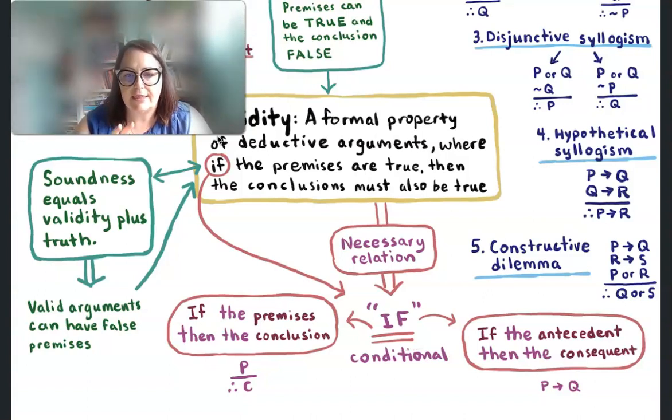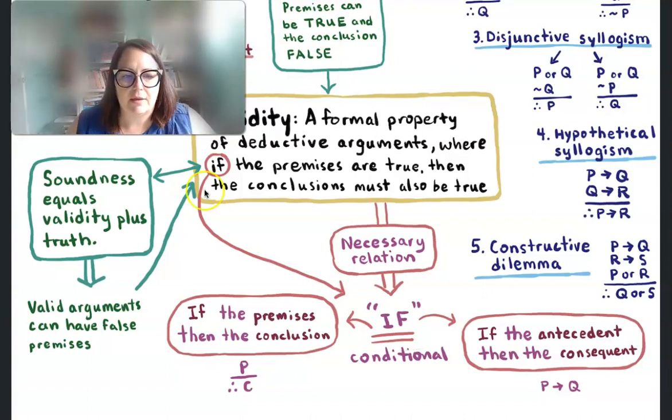Validity is a formal property of deductive arguments, we've covered that, where if the premises are true, the conclusion must also be true, that is, without exception. So that means there is no instance in which the premises are true and the conclusion is false.